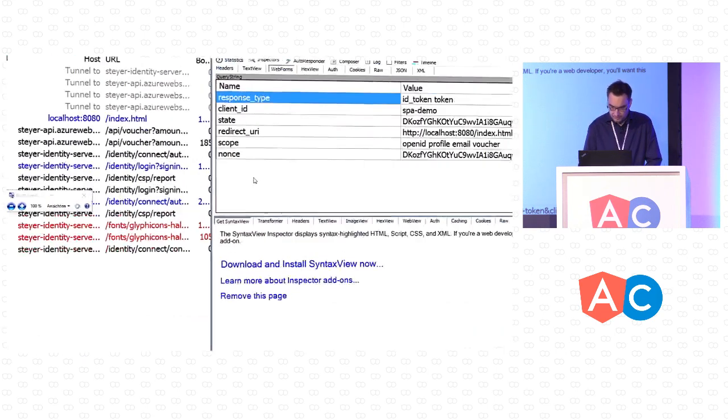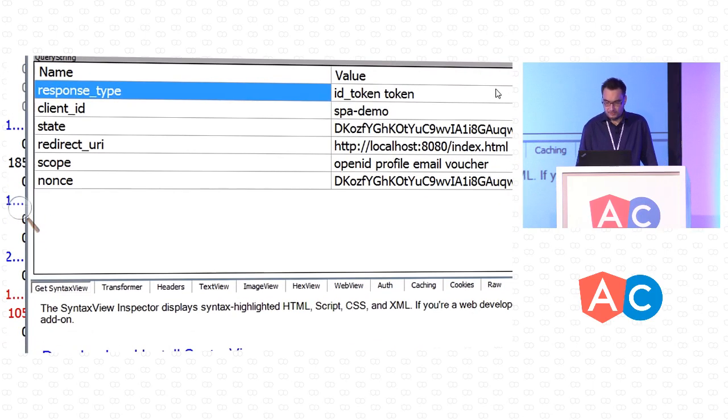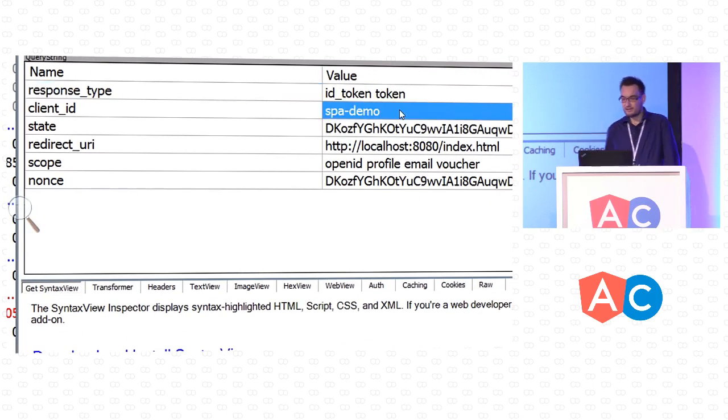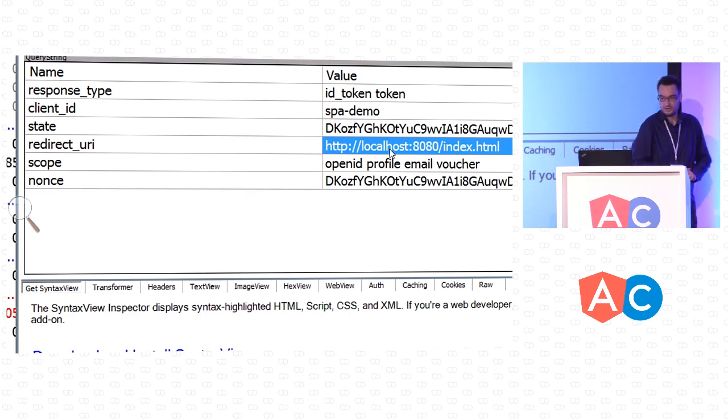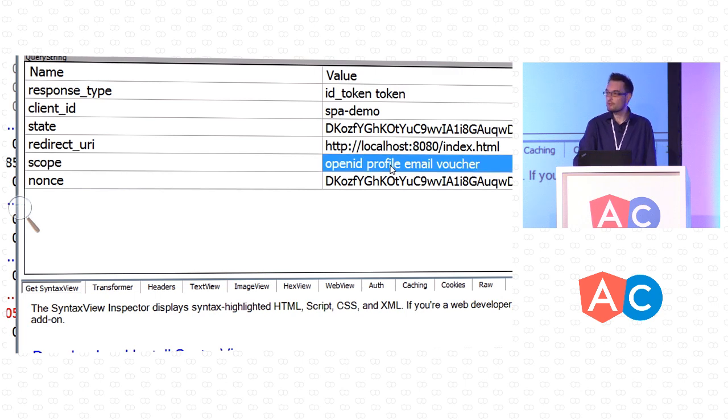When we look at this, we see that my client is transmitting things like the ID of the current client to the authorization server. The client is transmitting its own address to the authorization server, the address we are redirected to after we've logged in. And we see here that there is some scope transmitted.